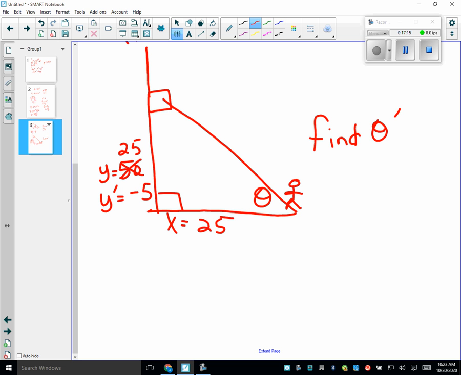Angle of elevation means from the ground up. Is it true this is not changing? What am I going to use for my angle? Sine, cosine, or tangent? So the tangent of theta is Y over 25?